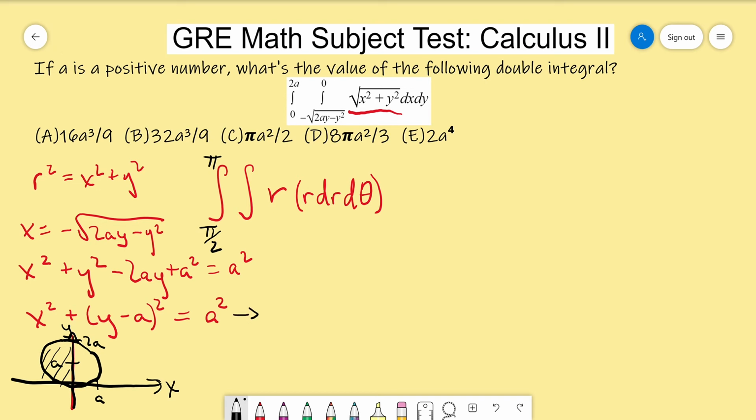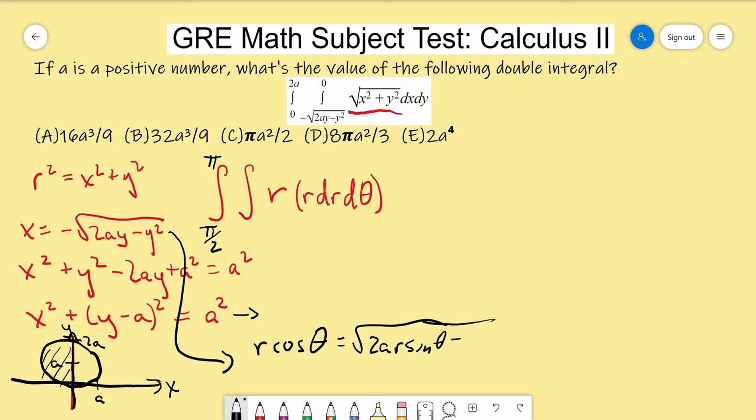Actually, we can use this here. We get x is r cosine theta, and that's going to equal the square root of 2a r sine theta, since y is r sine theta, minus y squared, which is r squared sine squared theta.